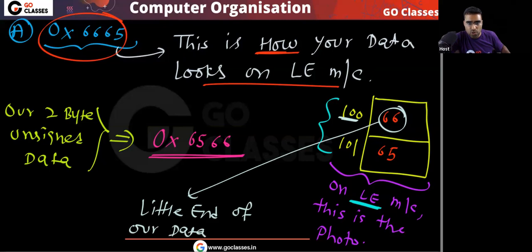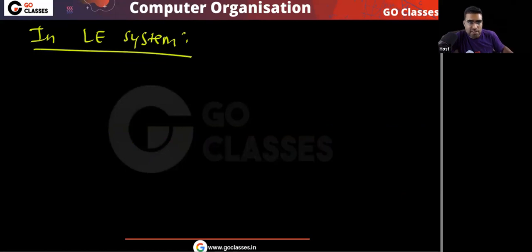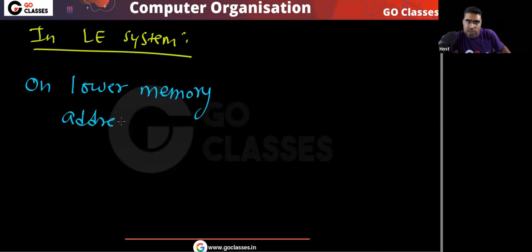You already know what happens in a little Endian system. In a little Endian system, on the lower memory address, what do we put?